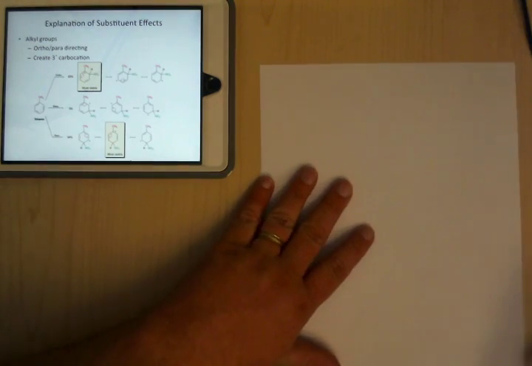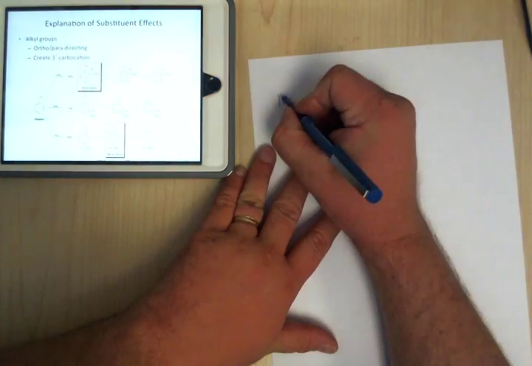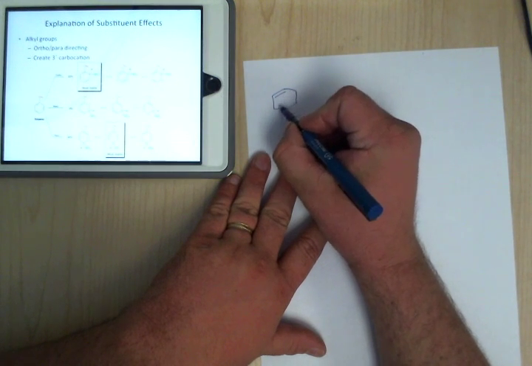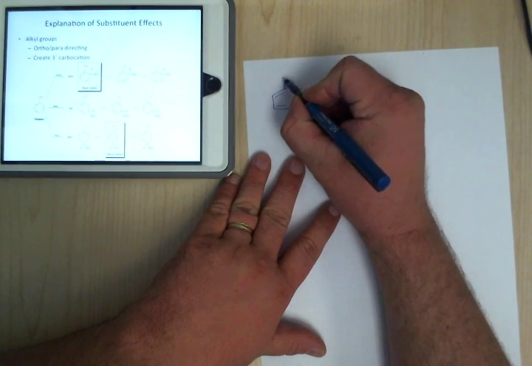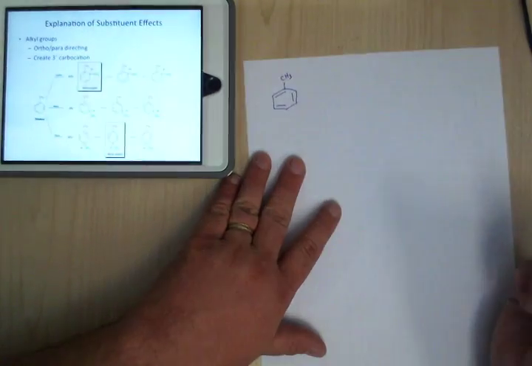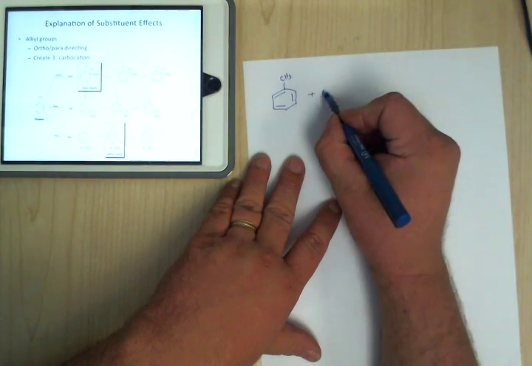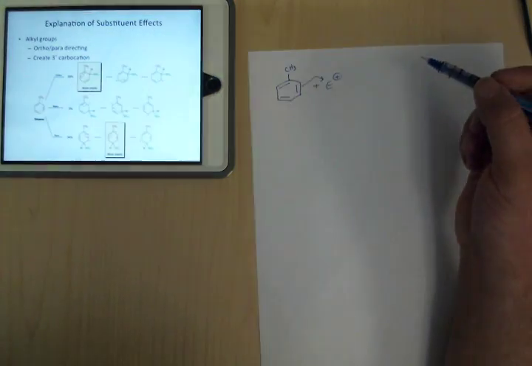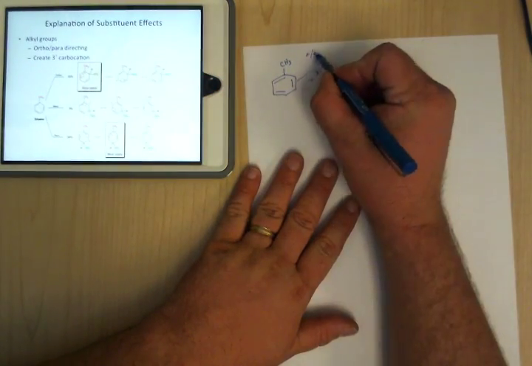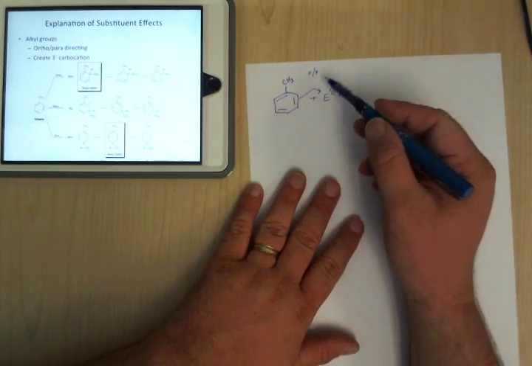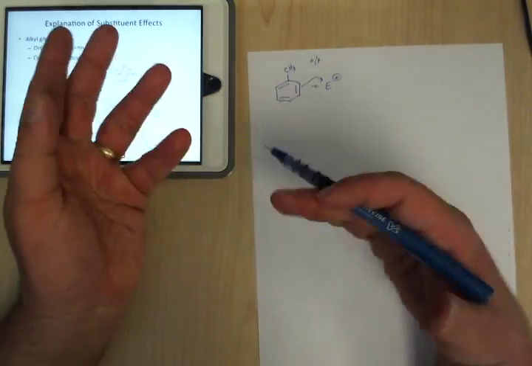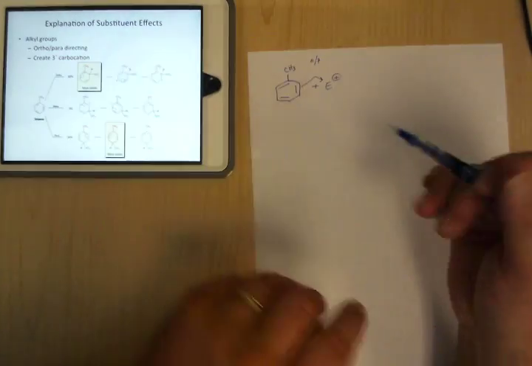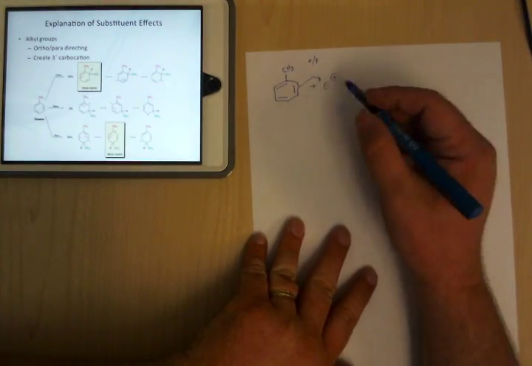That'd be the easiest thing. Okay, we're going to add our E plus. Okay, that comes in, and we would predict that this would be an ortho-para director, right? So let's put this in the ortho, and the electronics work out the same way, whether we're going to add ortho or para. Okay, but let's add it ortho.